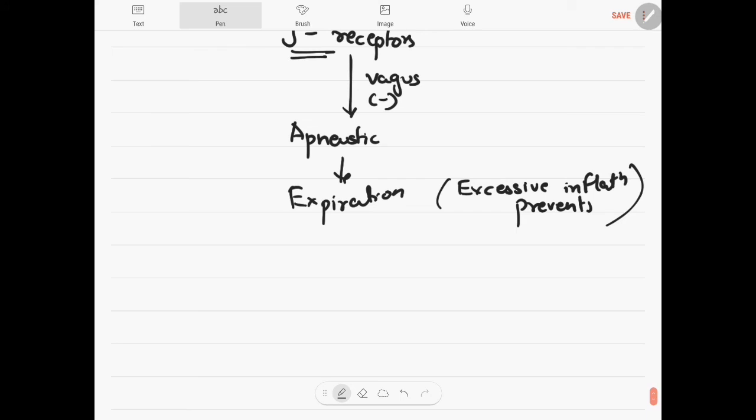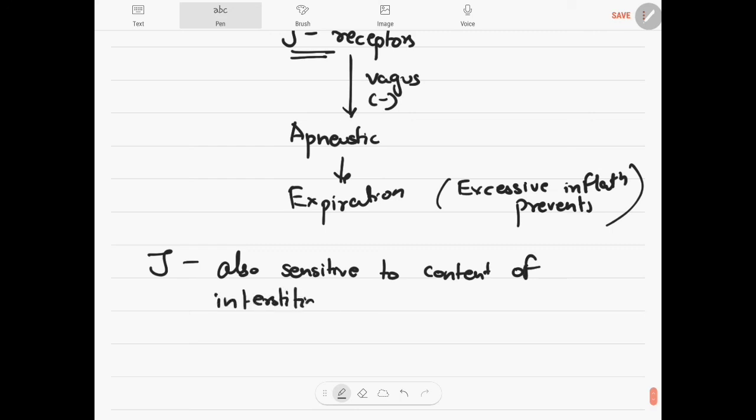Similarly, there is a Hering-Breuer deflation reflex too. The J receptors are also sensitive to the content of interstitial fluid.